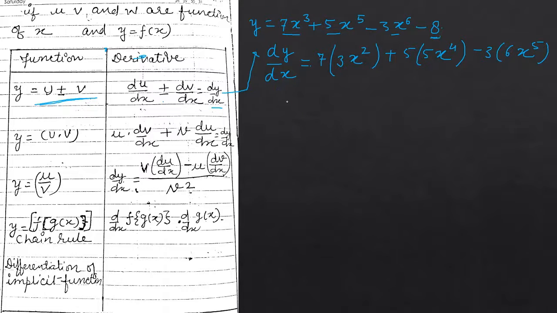So the answer will be 21 x square plus 25 x raised to 4 minus 18 x raised to 5. So this is the value of differentiation of y with respect to x.